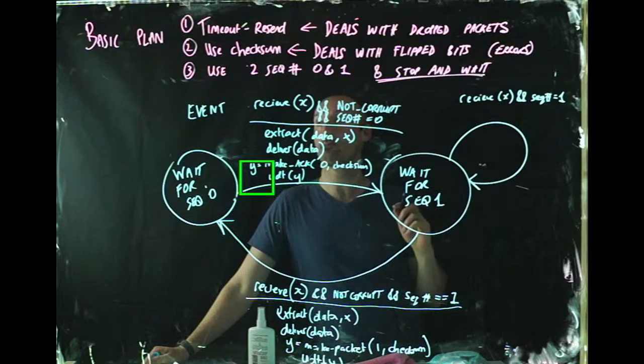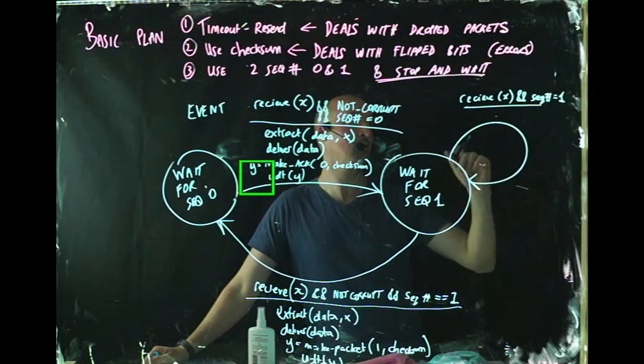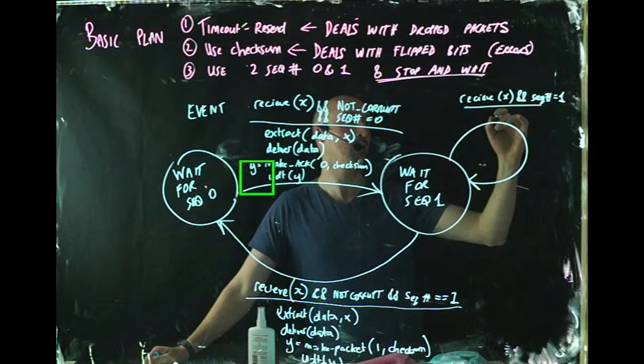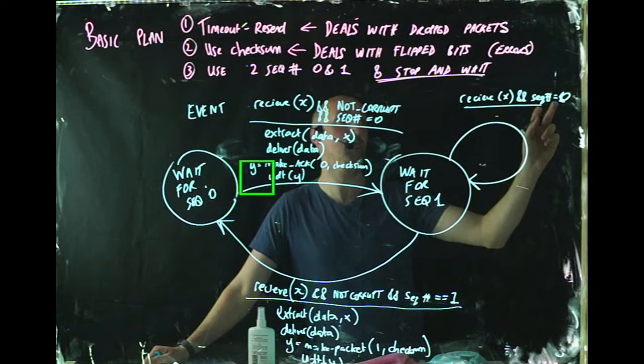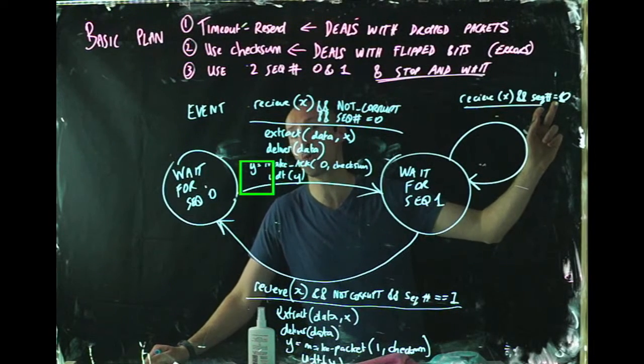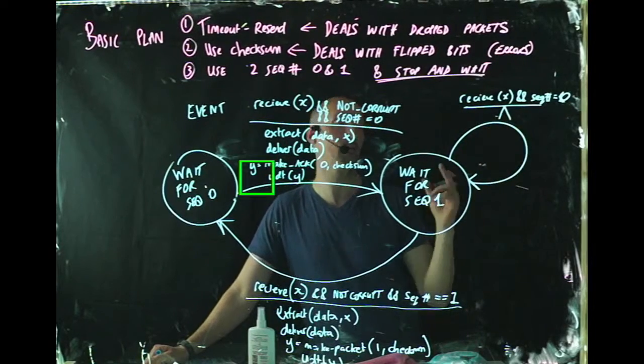Well, what do I do? Nothing. So just do nothing. Just wait. Sorry, sequence number 0. So if I'm waiting for sequence number 1 here and I get sequence number 0, it means I've just been sent an old packet that I already received. So I do nothing. And I just come back and wait for sequence 1.